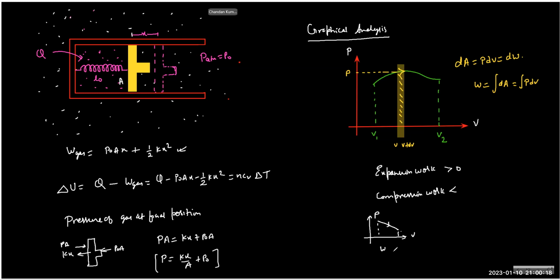Here, tell me guys, positive or negative? Positive, sir. So this is one type of question you have to solve. And see, the PV graph must be there. Sometimes students find the area under the PT graph or TV graph, and they think it will also give the work. It must be the PV graph only.